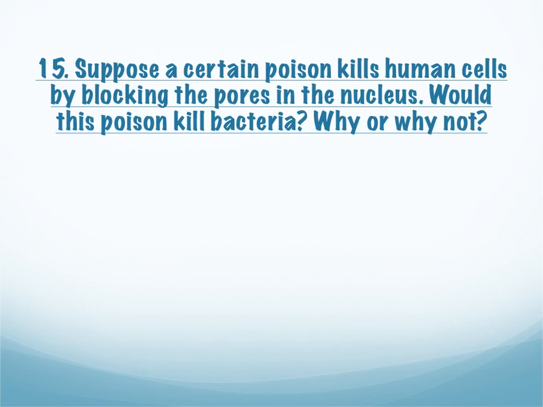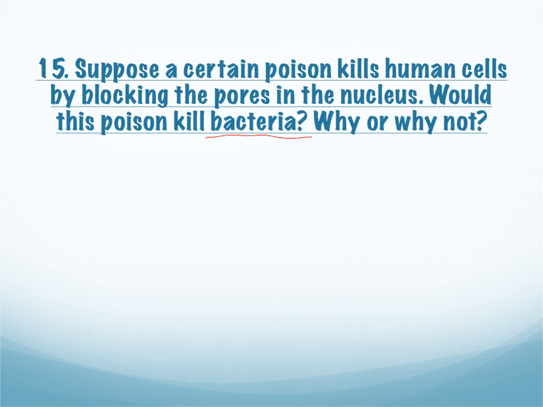So suppose a certain poison kills human cells by blocking the pores in the nucleus. Would this poison kill bacteria? Why or why not? Well, think about it. A human cell is a eukaryotic cell, so it has a nucleus. Bacteria is a prokaryote, so it doesn't have a nucleus. So if the poison works by working on the nucleus, which the bacteria does not have, would it kill the bacteria?